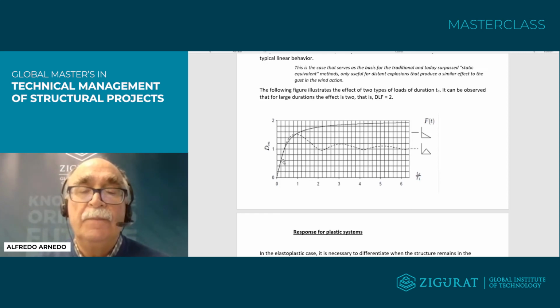So if we take into account the total duration of the phenomenon divided by the period of this equivalent system, we have this number, and we can obtain a static equivalent, this dynamic load factor. This value resumes the effect of this explosion in the structure, multiplying the maximum value.